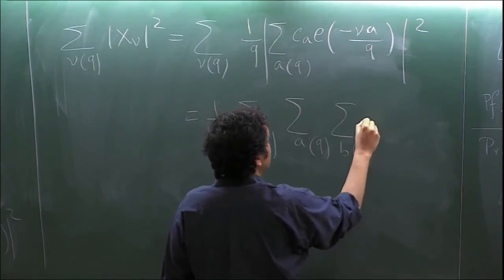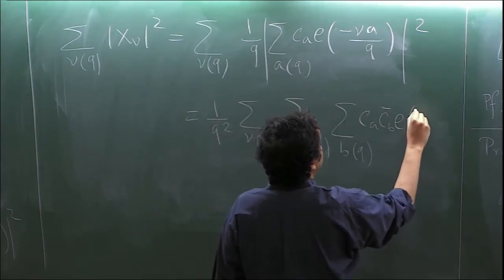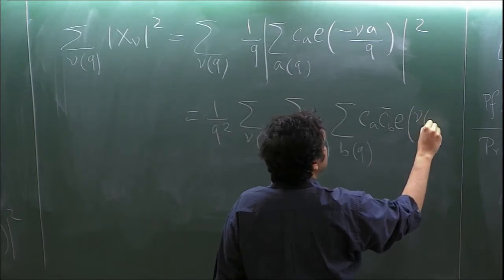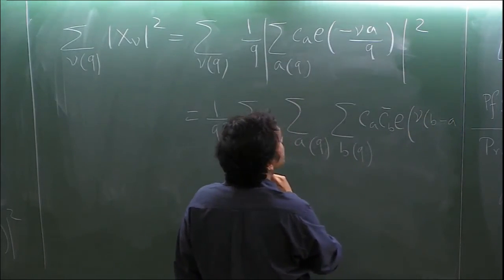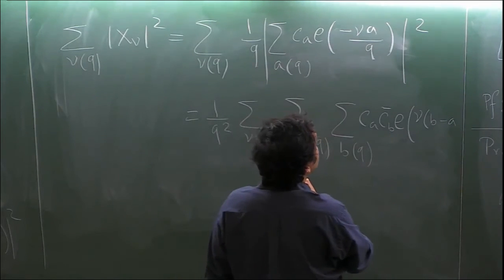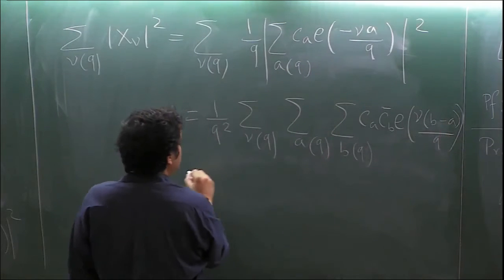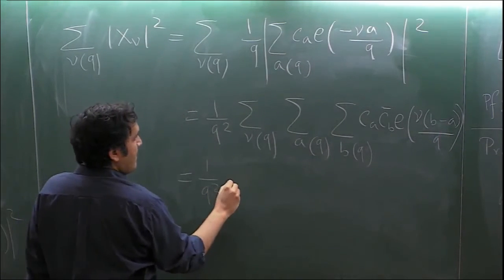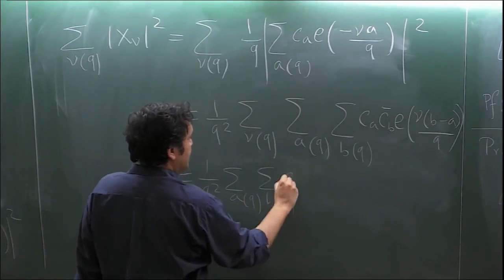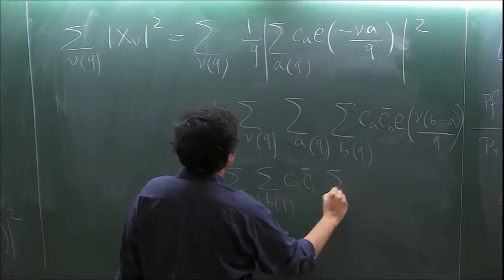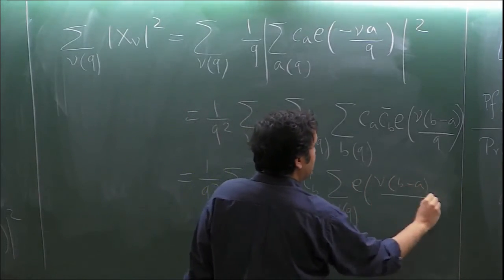A and B, Ca Cb bar, e of nu into (B minus A) by q. And then you interchange the sum. So 1 by q square, sum over A, sum over B, Ca Cb bar, then sum over nu mod q, e of nu into (B minus A) by q.